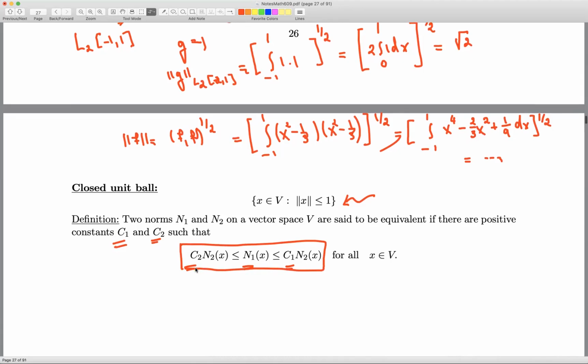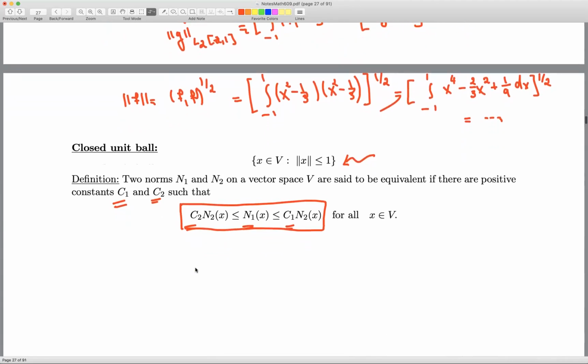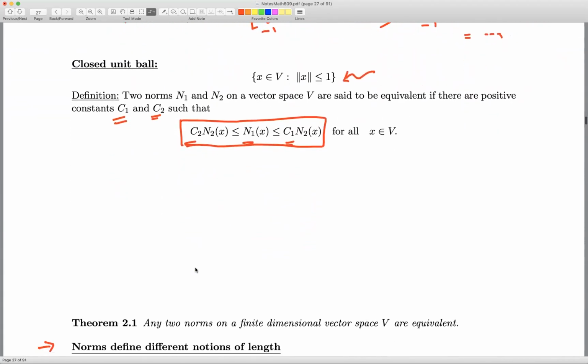Now, an important theorem which is used quite often is the following: if V is a finite dimensional vector space, then any 2 norms on a finite dimensional vector space are equivalent. The constants in this equivalence, C1 and C2, may depend on the dimension of the space, N, and may be big.